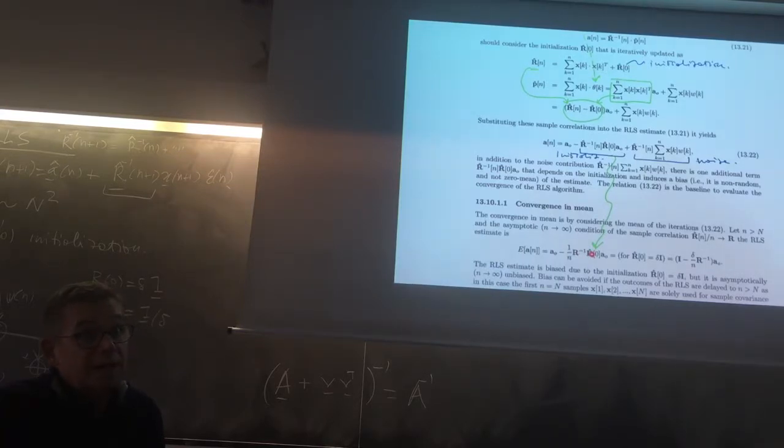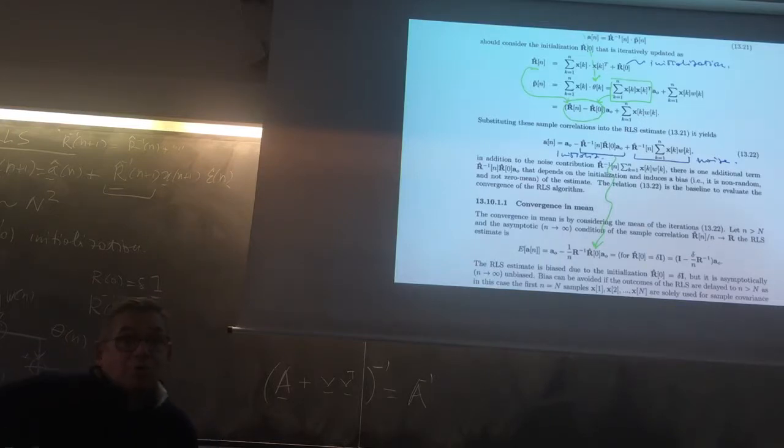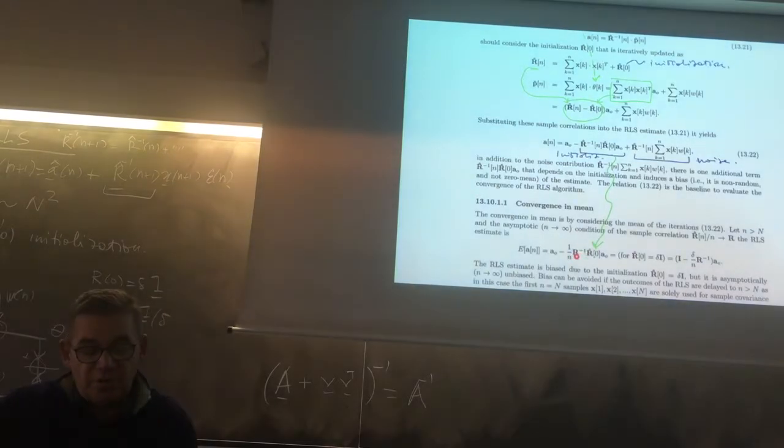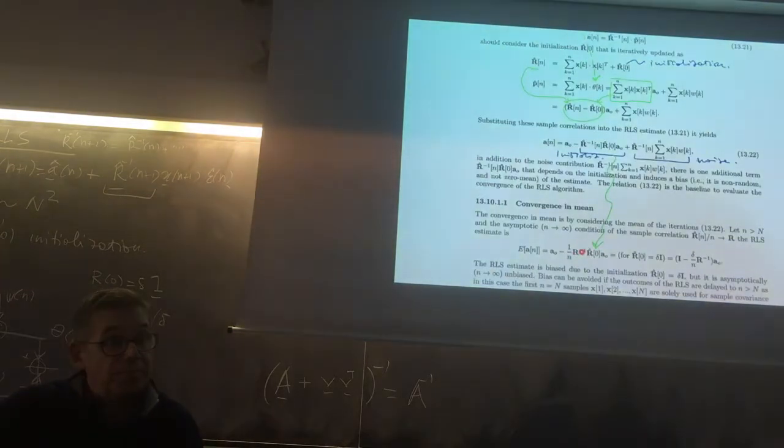So the RLS solution is biased, and it's biased by the initial condition, which makes sense. Since I want to start immediately at the beginning, my solution is wrong. I hope that after a very long number of iterations, this term disappears.